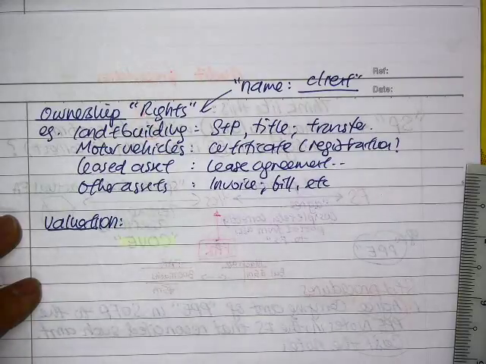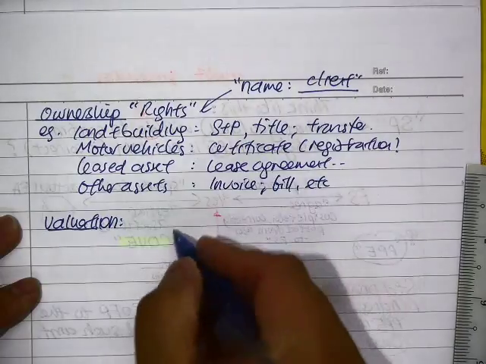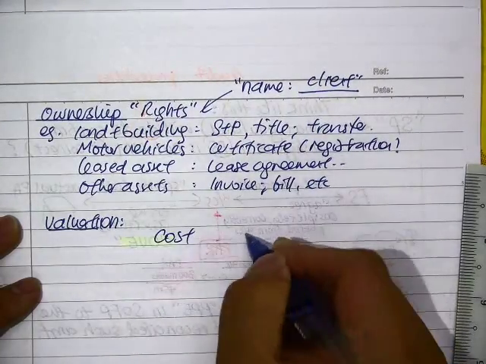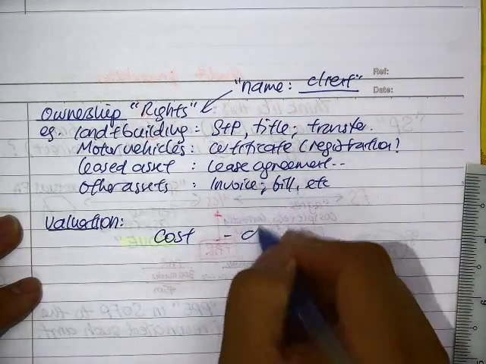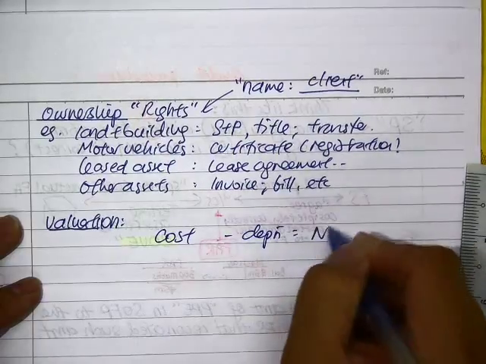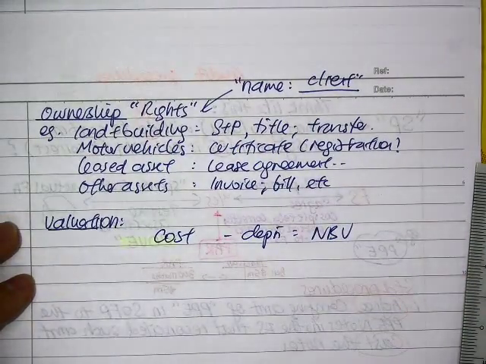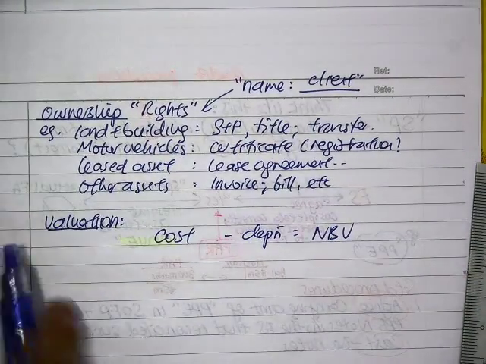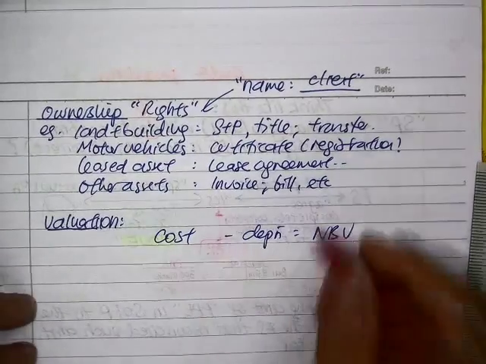Now if you look at the carrying amount in the statement of financial position, what will the amount be made up of? Cost and the accumulated depreciation, and then you get NBV, fair enough? Now what you're going to prove is this.